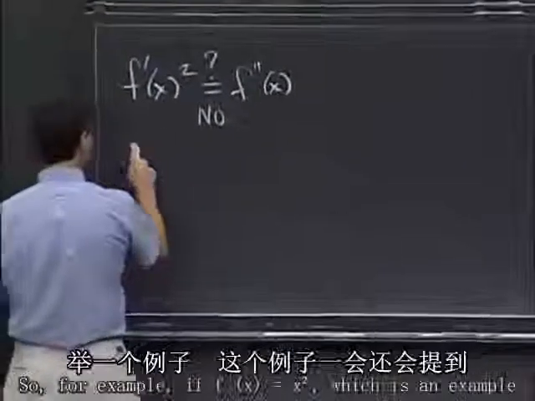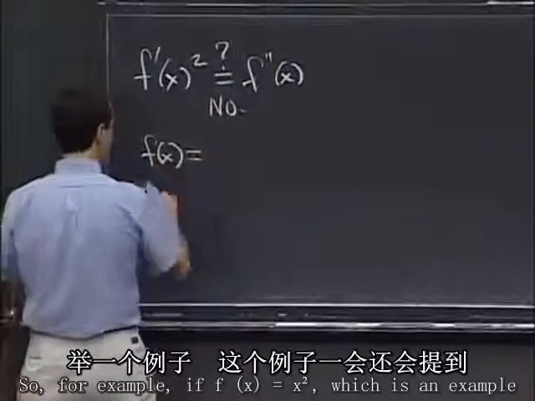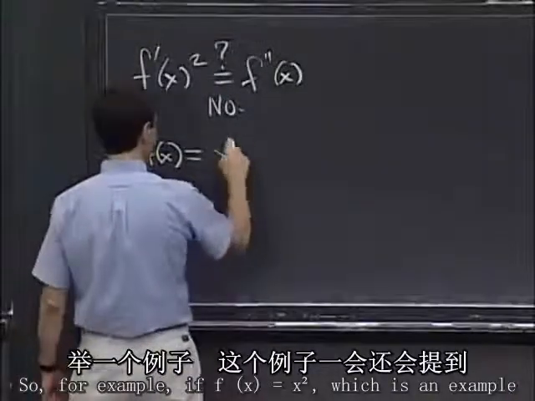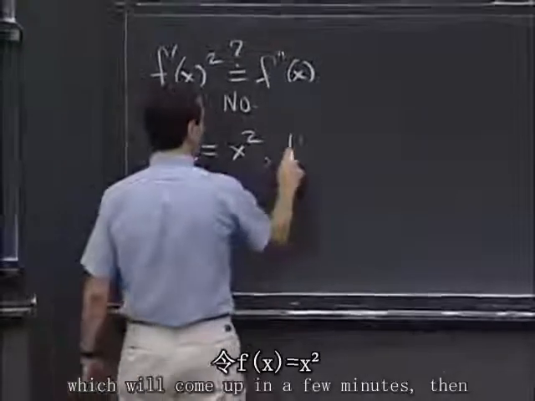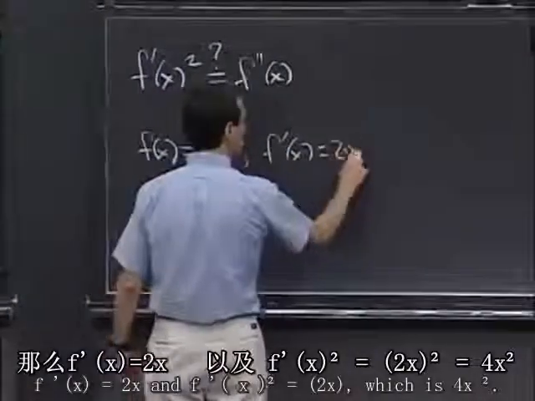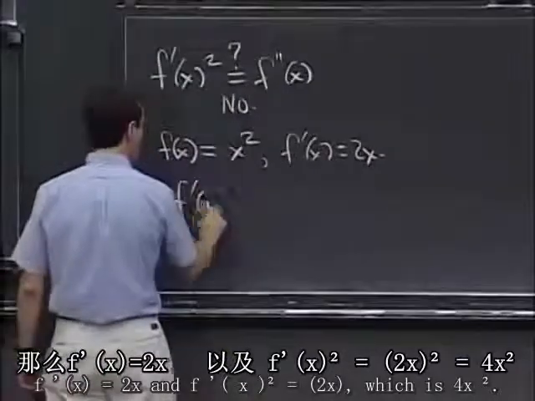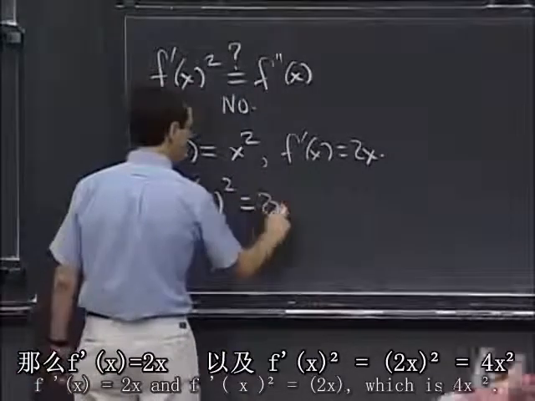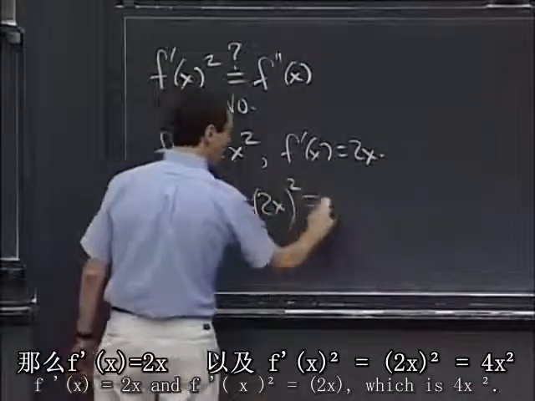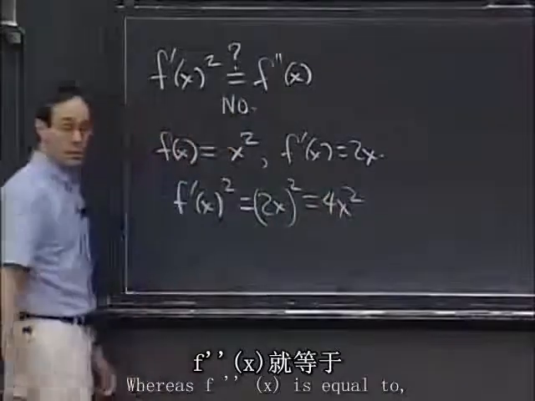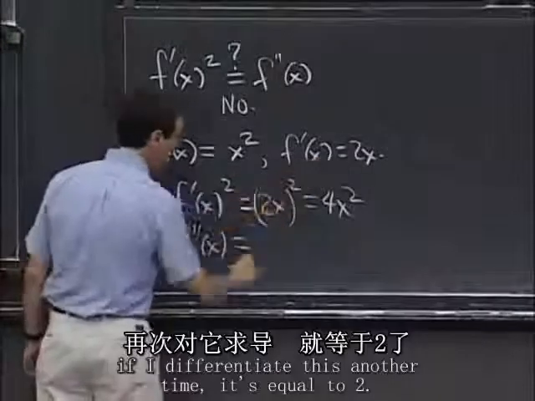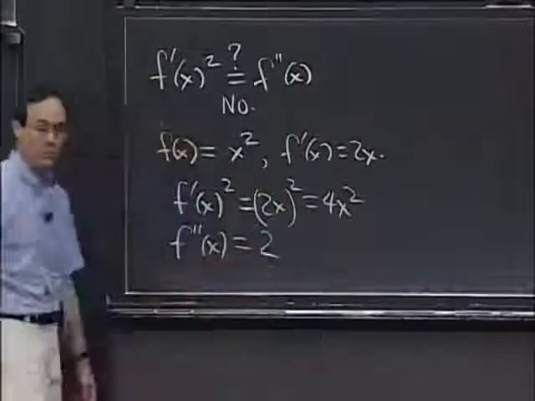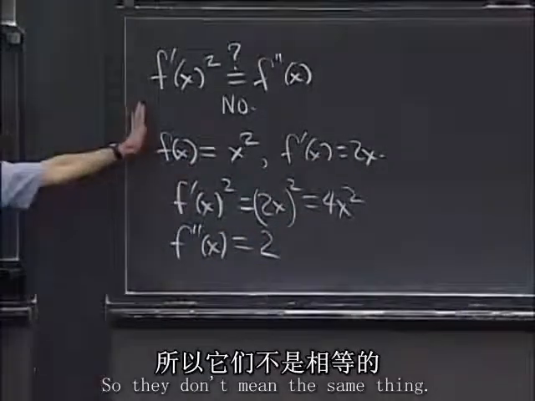For example, if f of x is equal to x squared, which is an example that will come up in a few minutes, then f prime of x is equal to 2x, and f prime of x squared is equal to 2x, the quantity squared, which is 4x squared. Whereas f double prime of x, if I differentiate this another time, is equal to 2. All right? So they don't mean the same thing.